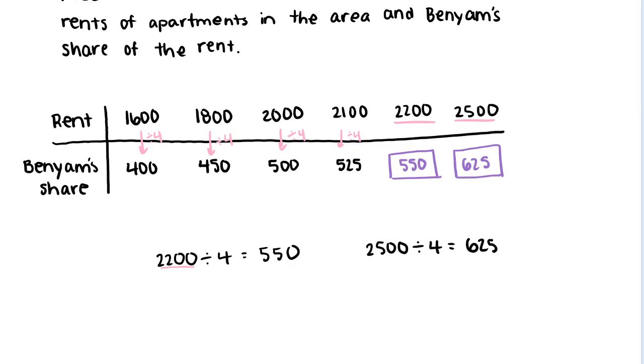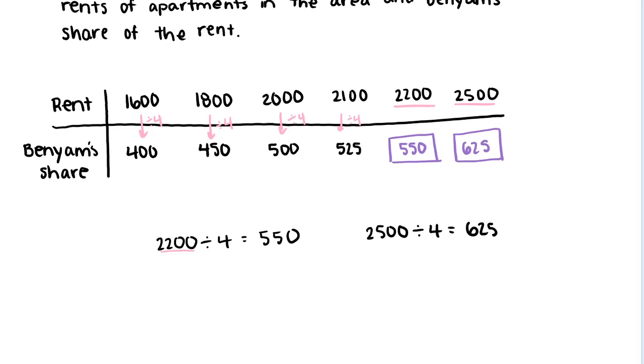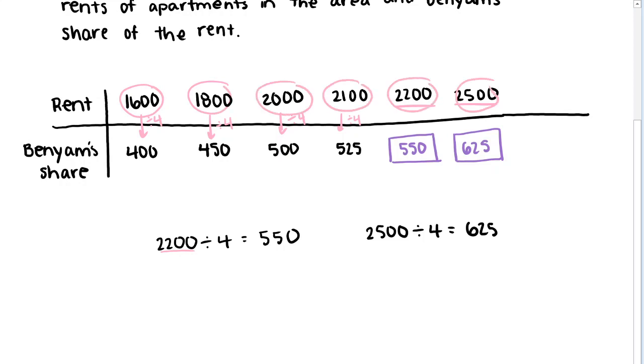Maybe let's take a moment to try and write an equation that relates the rent and Binyam's share of the rent. Actually, maybe we can do a little preliminary step. We figured out that if we have these rent values, Binyam's share of the rent is found by taking that value and dividing it by 4.